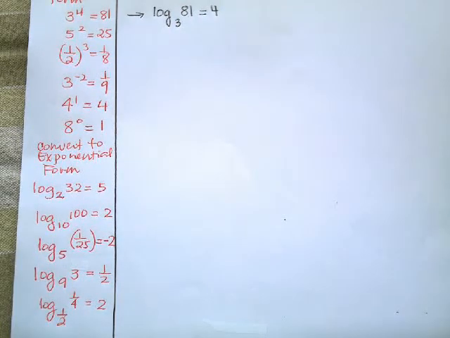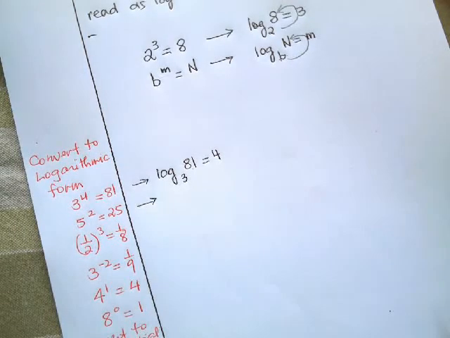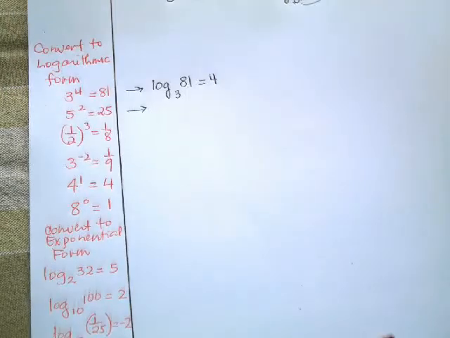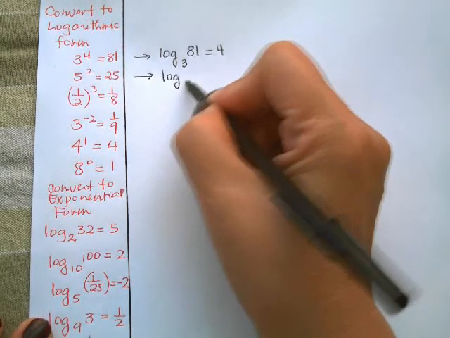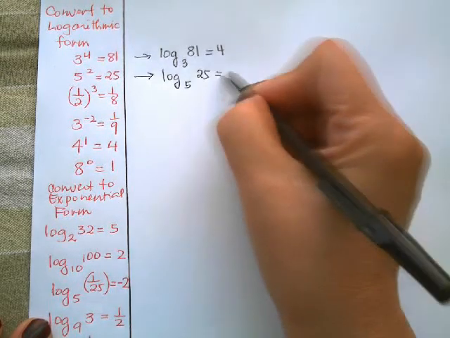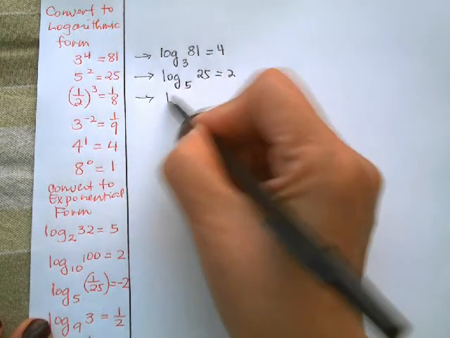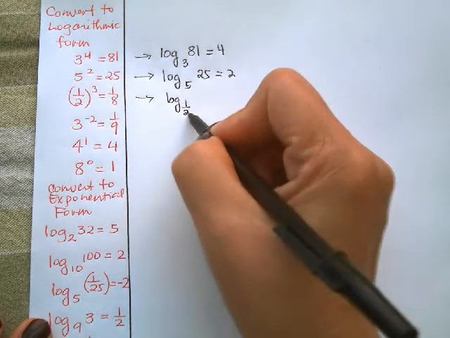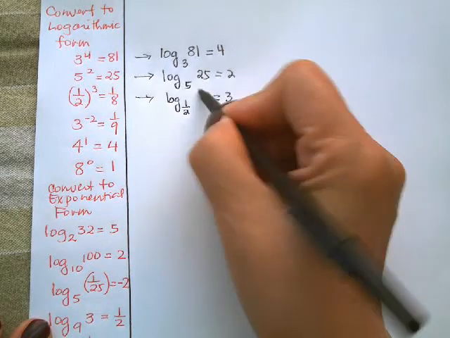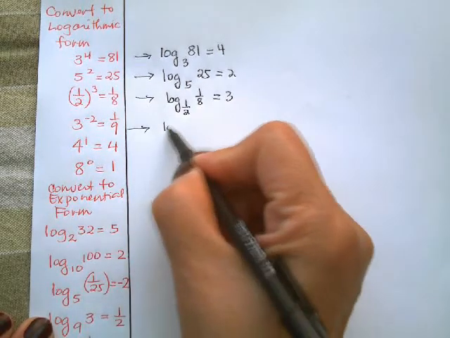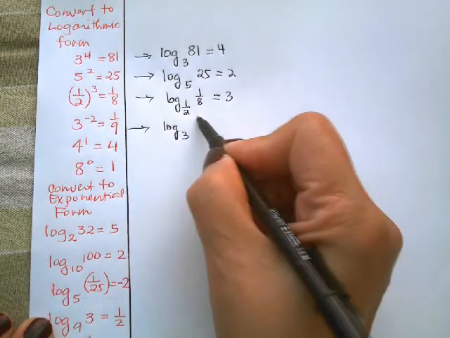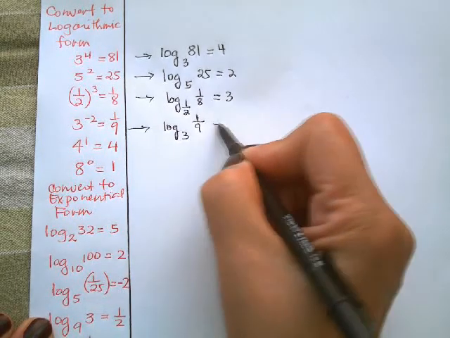I hope you did. Like I said, always do the work or else it will not benefit you. This one is log base 5 of 25 is 2. Check your work. This one will be log, the base is 1/2, the exponent is 3, the value is 1/8. Here, this will be log base 3 of 1/9 is -2.